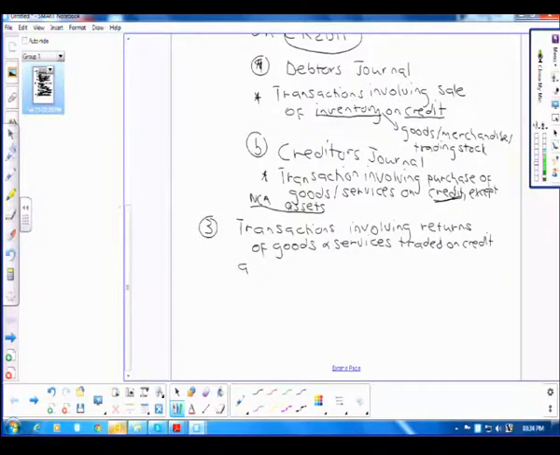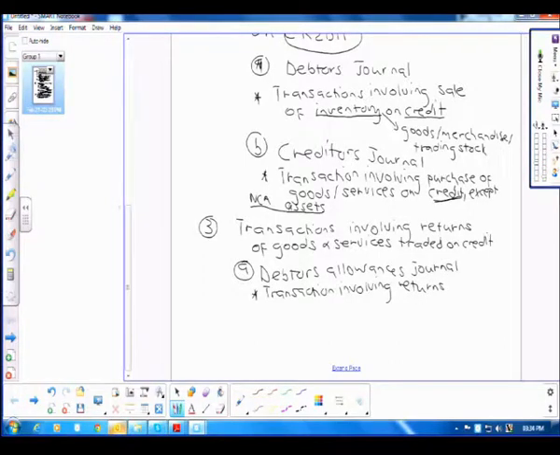You see the name is linked to that. So we're going to have the debtors allowances journal. Here we're talking about transactions involving returns or rebates of goods sold on credit.